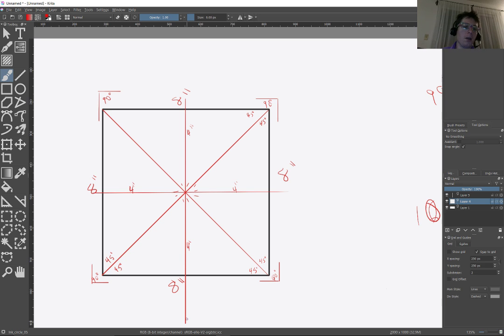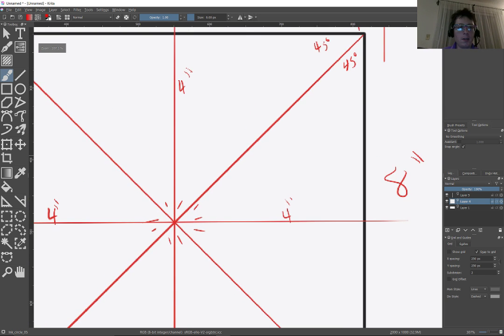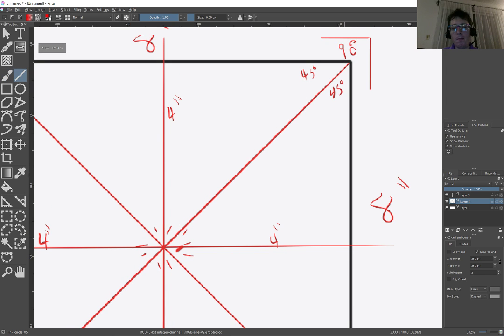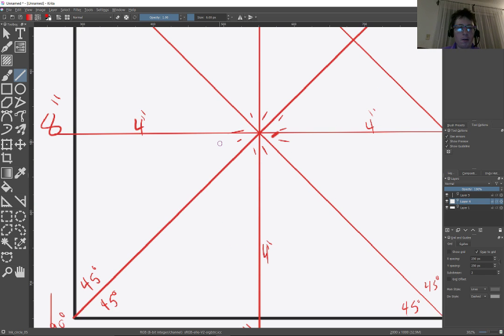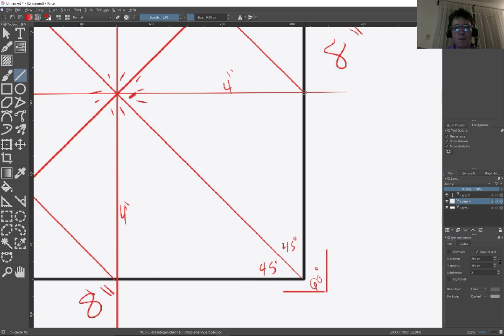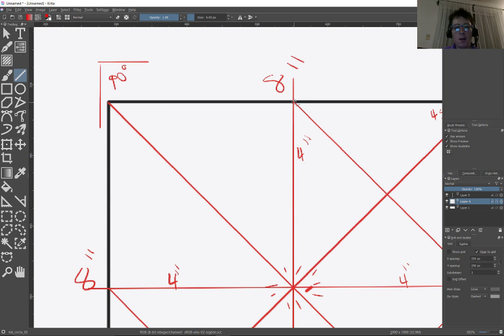Now you can also keep using this square to get further and further divisions. So for instance, what if I went from here to here, and I went from here to here, I also went from here to there, and from here to here.